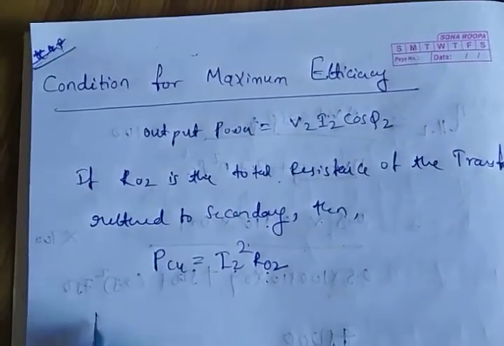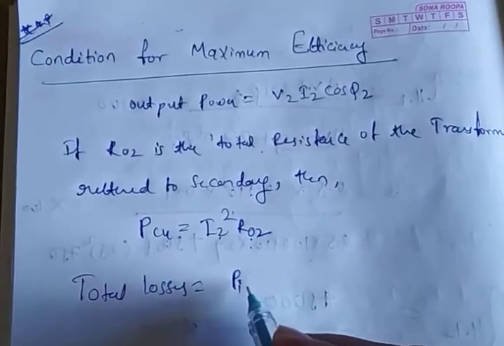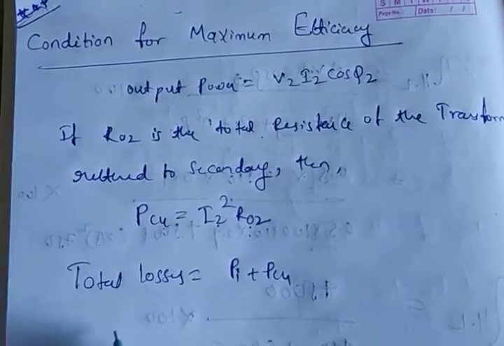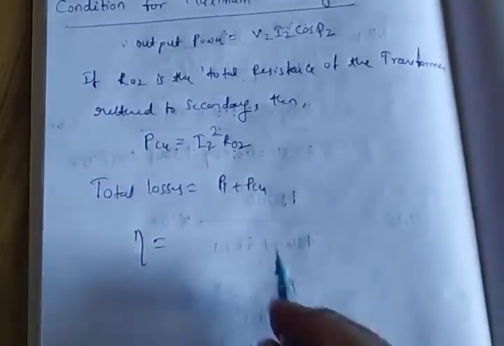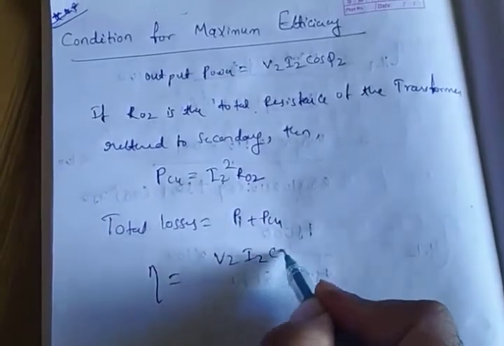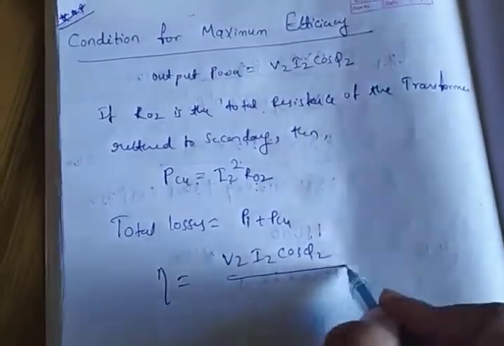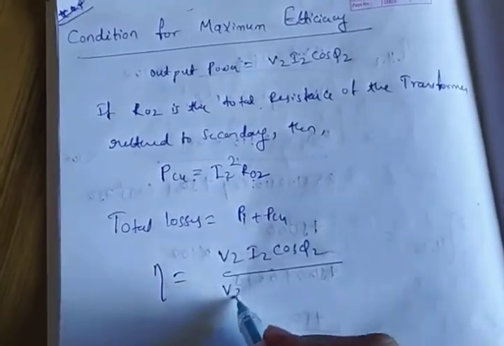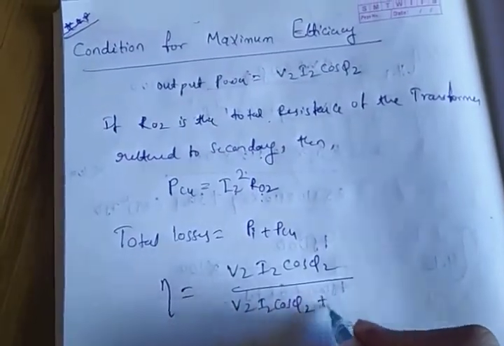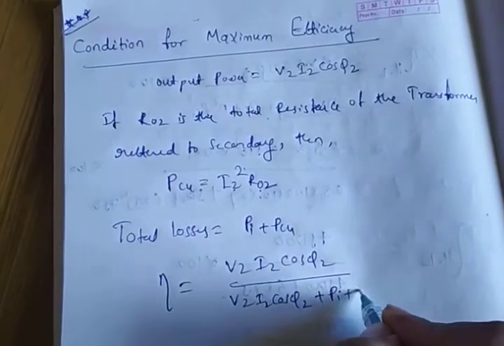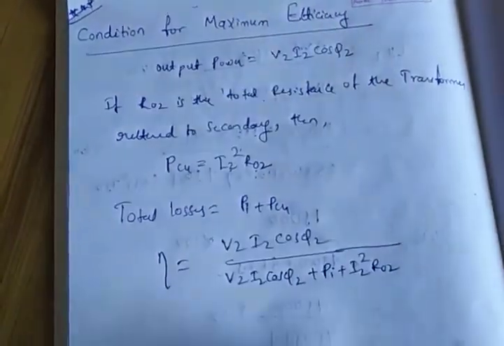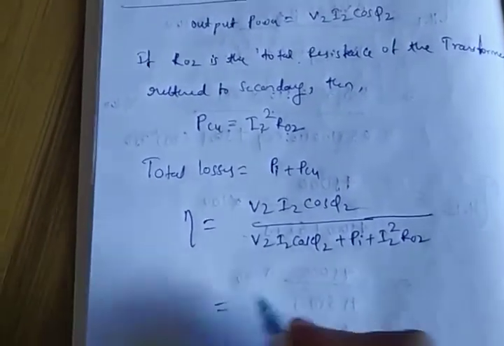The total losses are PI plus PCU, iron loss plus copper loss. So the efficiency of the transformer is equal to the output power on the secondary side, V2 I2 cos φ2, divided by V2 I2 cos φ2 plus iron loss PI plus copper loss I2 square R02.